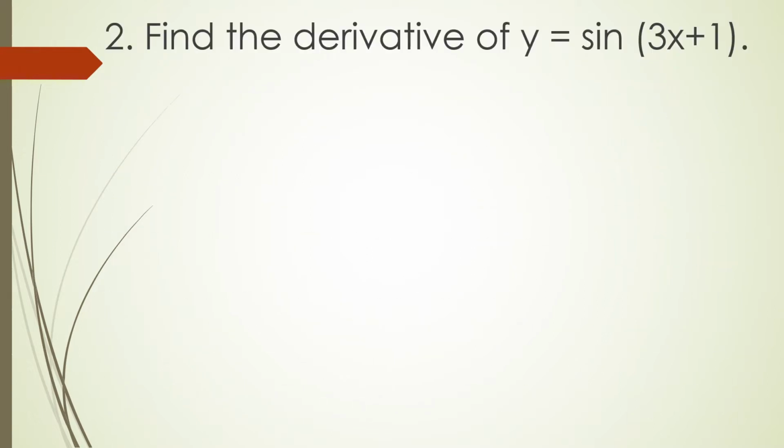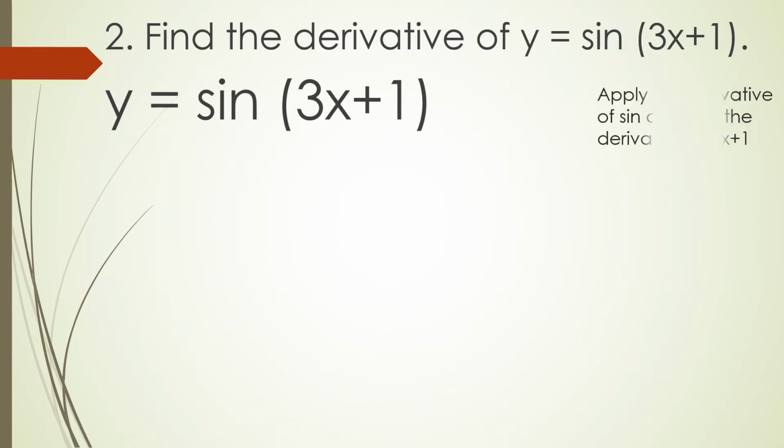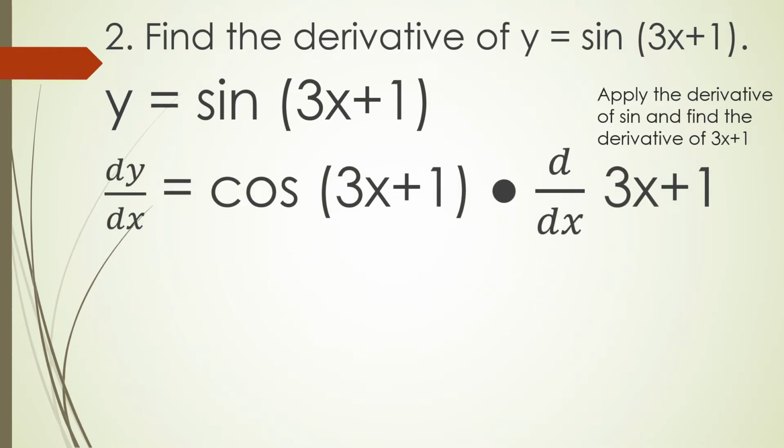Let's have another example. Find the derivative of y is equal to sine 3x plus 1. Same process. Let's apply the derivative of sine, and the derivative of sine is cosine. Copy 3x plus 1.